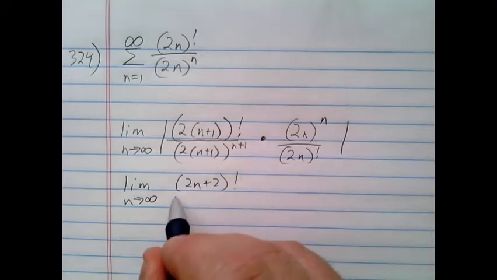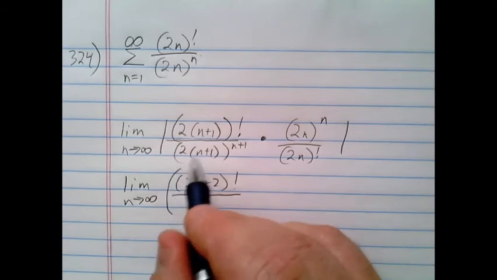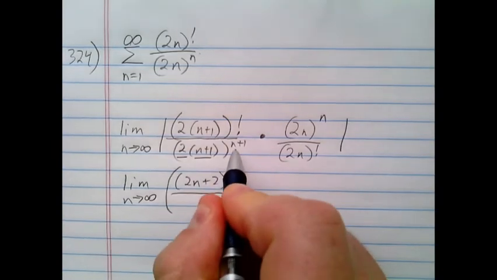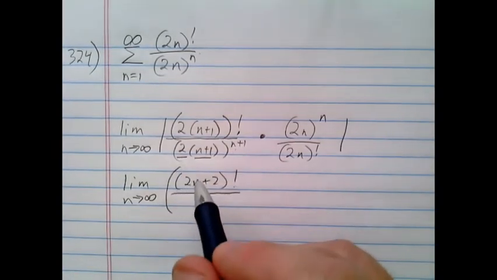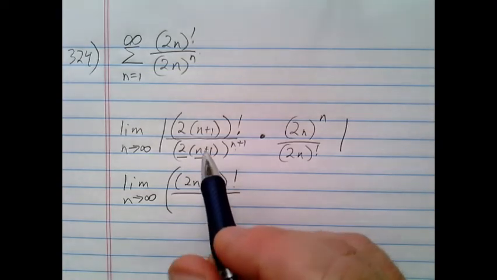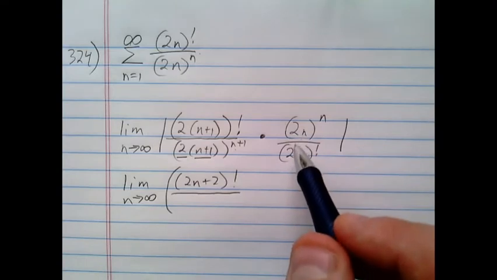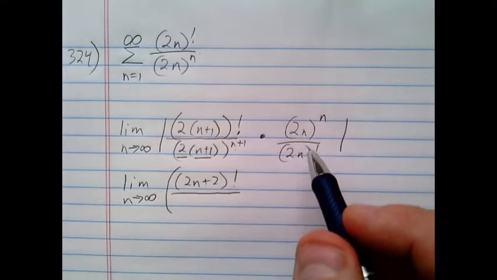Now on the bottom, I don't really need to keep the absolute value since there's no negatives. On the bottom, I have a product raised to a power. I'm going to use the rule that says that powers can distribute over products, just because I can kind of see that if I do the same thing up here, I'll be able to get a 2 to the n to cancel out. Okay, and that'll be kind of handy.